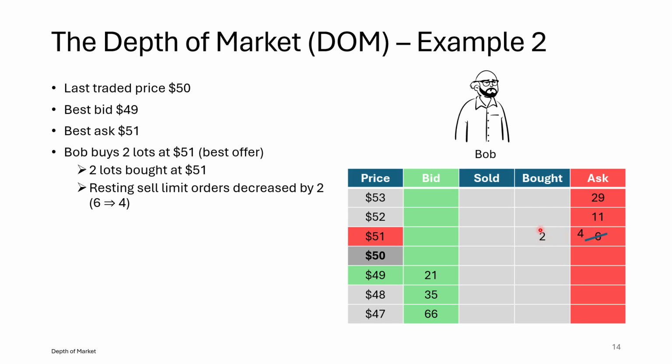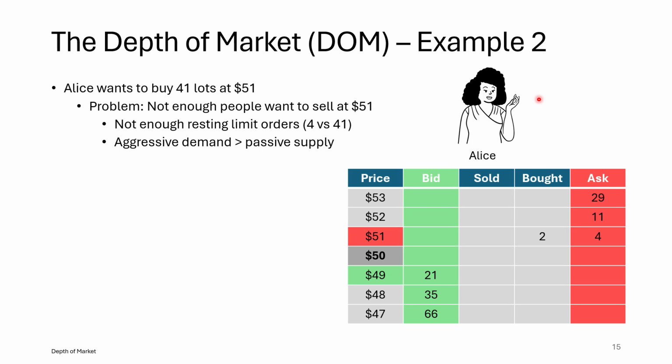So that means he can, without any issues, buy. He buys, right? He's a buyer. So he can buy 2 lots here at $51, and the number of resting sell limit orders decreases by 2 from 6 to 4. And now again, Alice wants to trade bigger size, so she wants to buy 41 lots at $51.